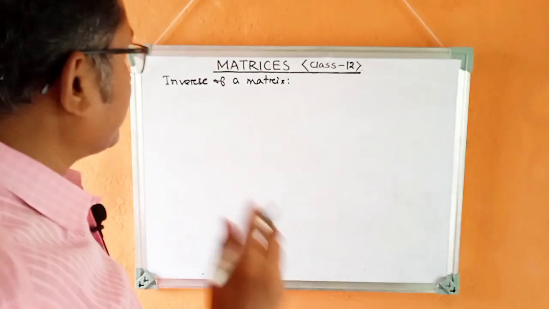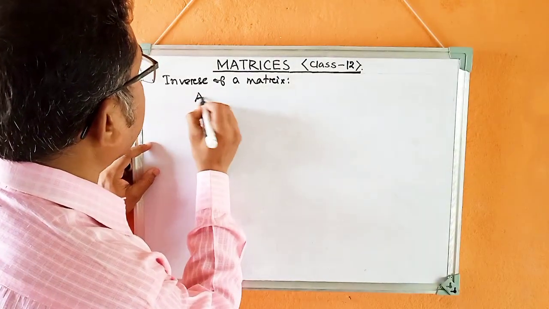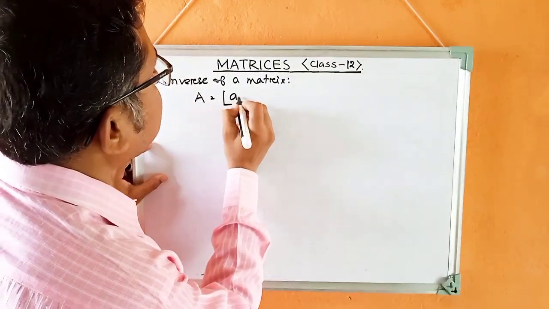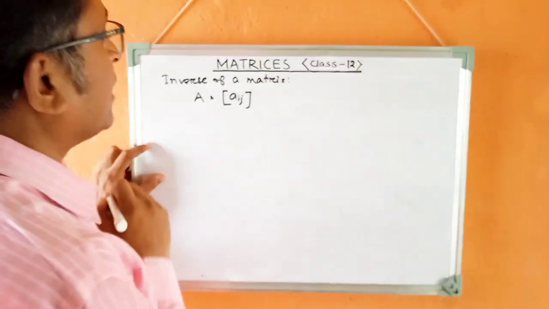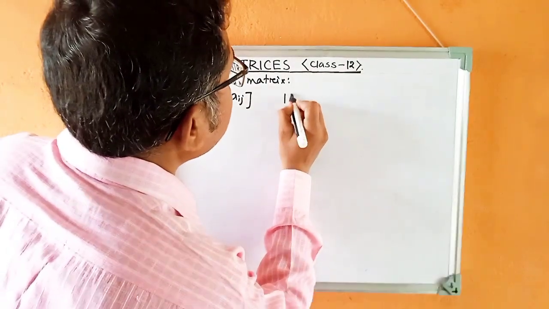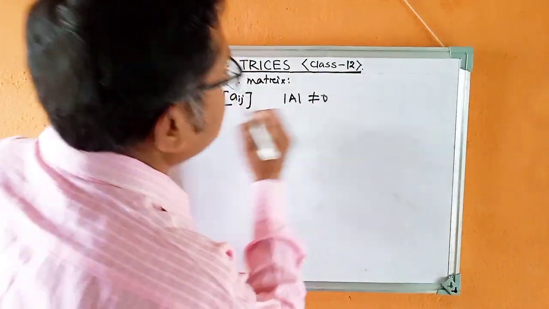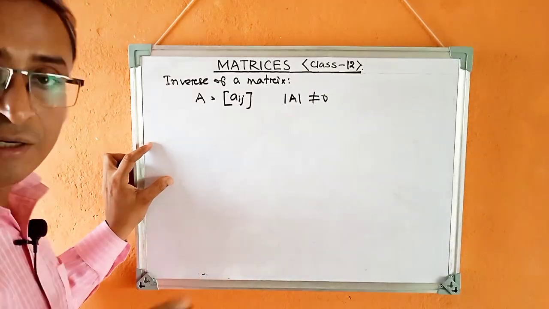Okay, see carefully. If A is a square matrix and determinant A is not equal to 0, this is the main condition. Determinant A not equal to 0.